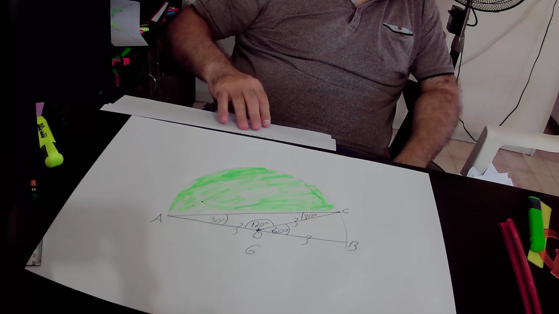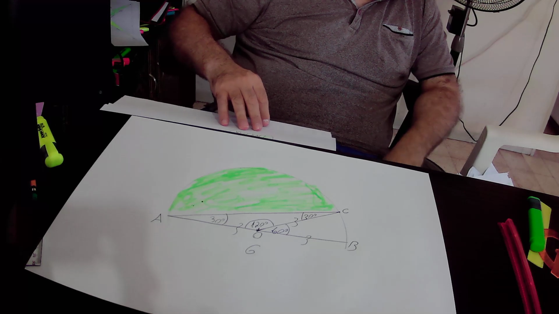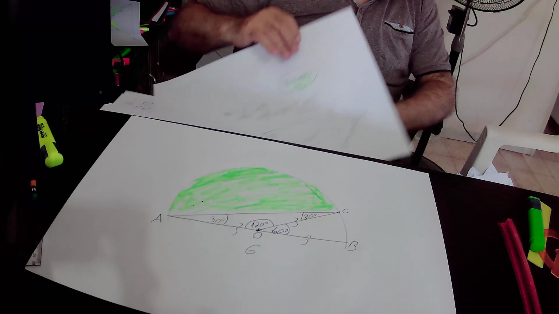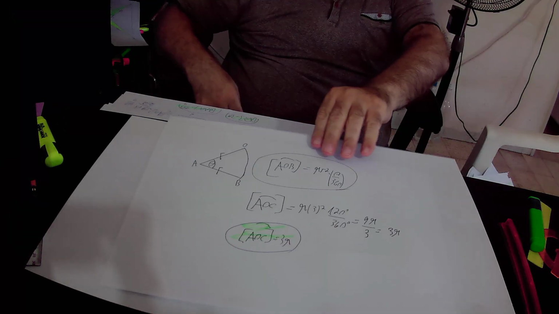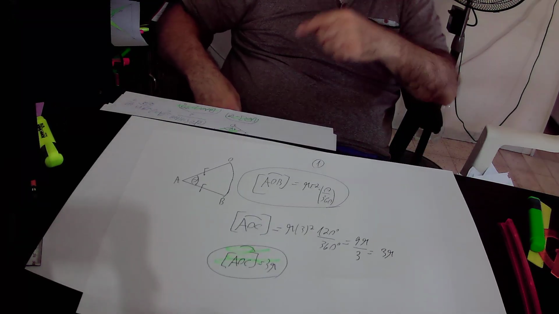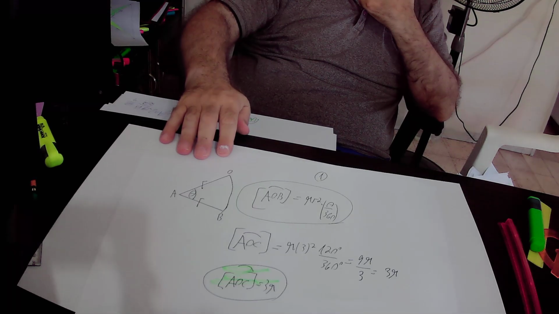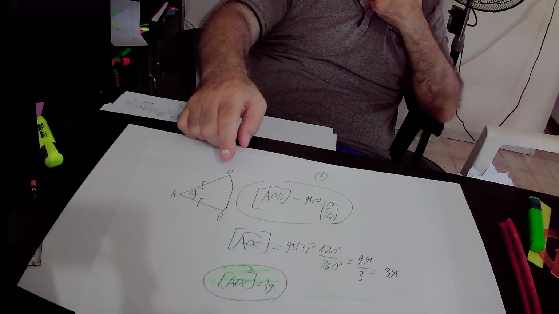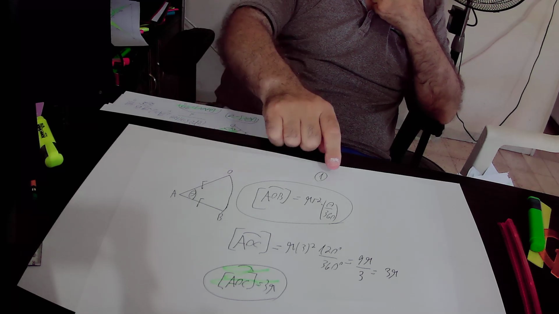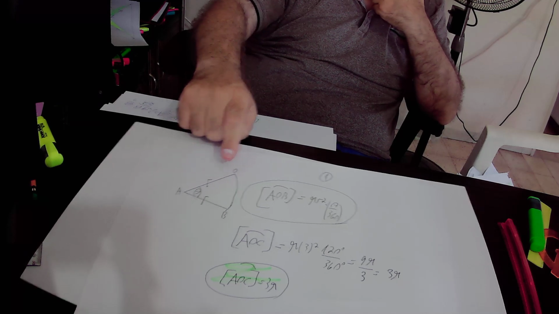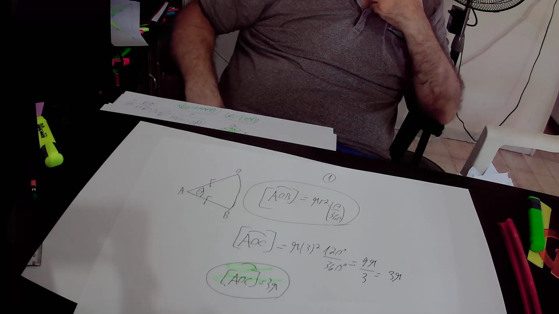So first of all, I presented to you a formula for the area of a sector. So if we have here sector A or B, that could be any sector, the area of this sector is equal to the area of the circle, that is pi r squared, times theta, that is the angle between the legs of the sector, over 360 degrees.